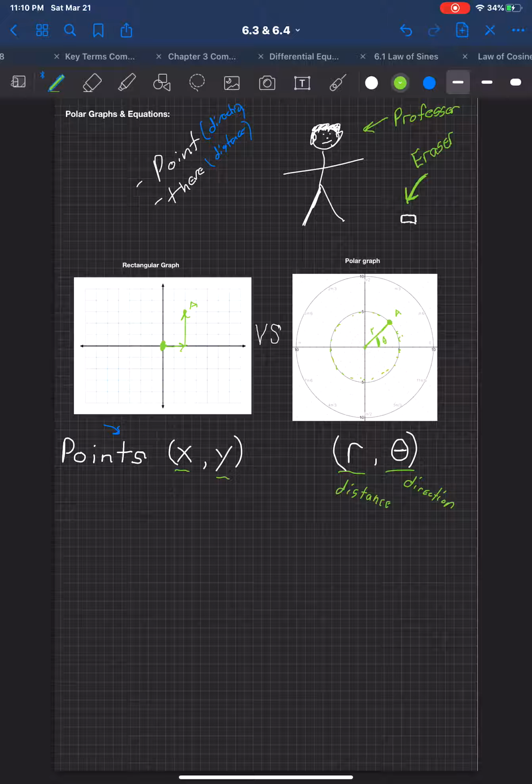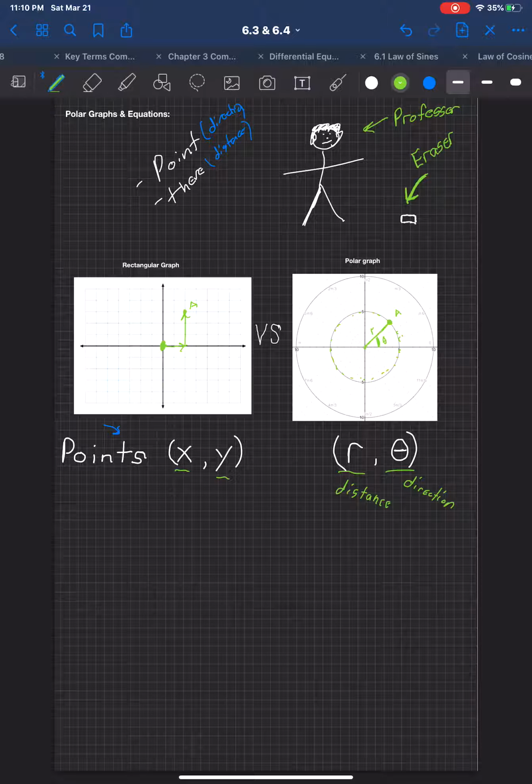You would tell me to travel a distance of 5 and then rotate 45 degrees to get to point A. Okay, so two different ways of arriving at the same destination. Just one deals with direction and distance, and the other basically just deals with the distance in two directions.